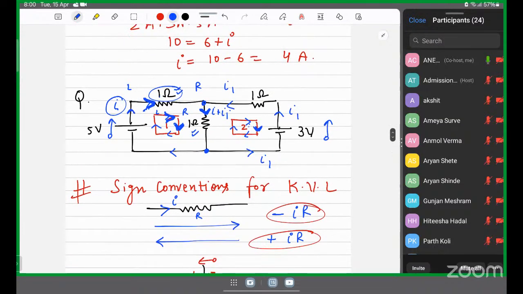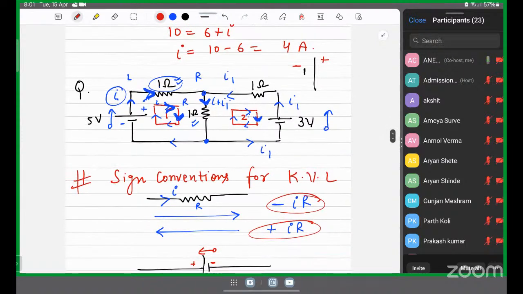Now, in loop 1, we are left with only the EMF. This is the negative terminal, this is the positive terminal. The smaller line is always negative, the bigger one is always positive. The direction of the EMF is negative to positive, which is upward, and the conventional direction of current in the loop is also upward.